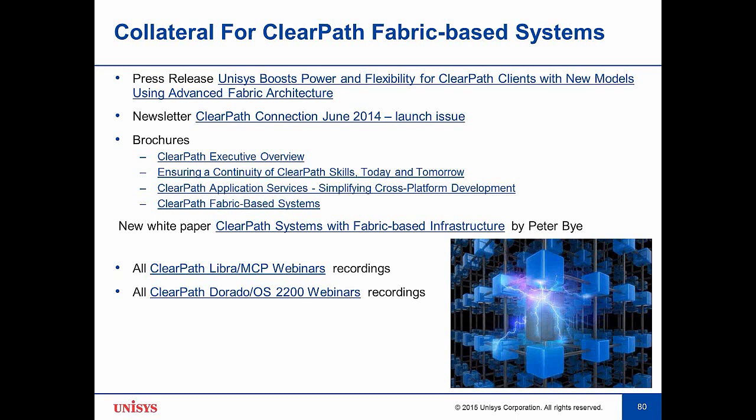Then we have a white paper, ClearPath Systems with Fabric-Based Infrastructure. I should also say there are specification sheets for all those new systems, all updated, all available on unisys.com. So just to give you an idea of these new systems.